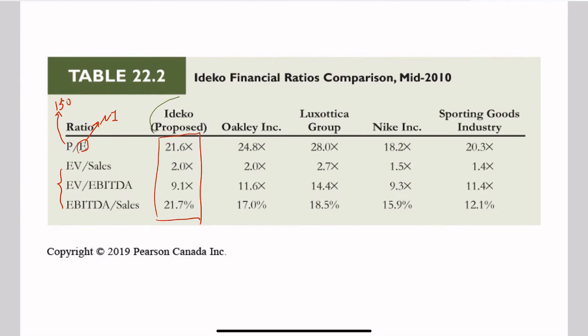So here you can see that we have three comparable firms: Oakley, Luxottica, and we have Nike, right? So let's see how we can do the calculation here.